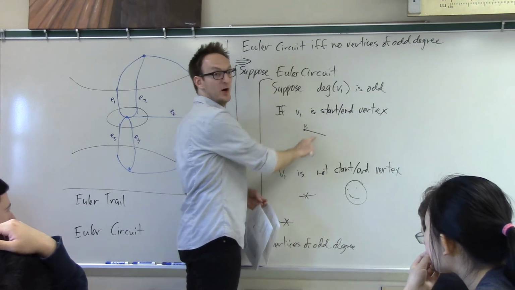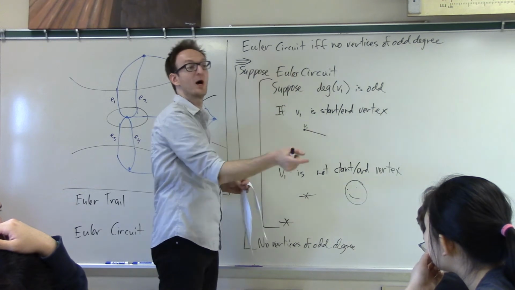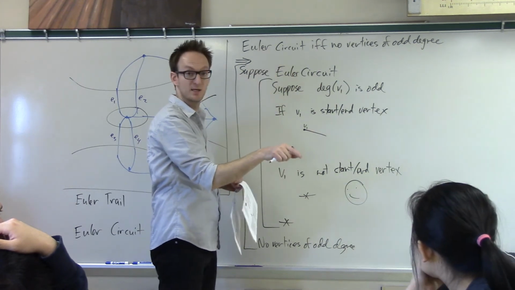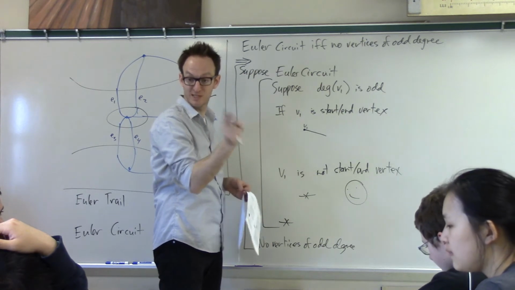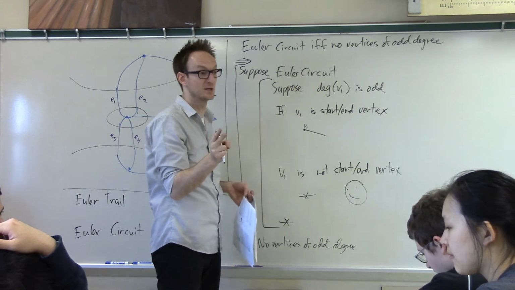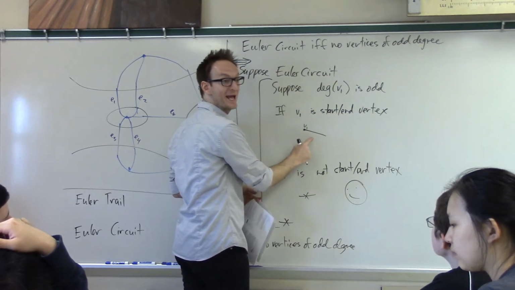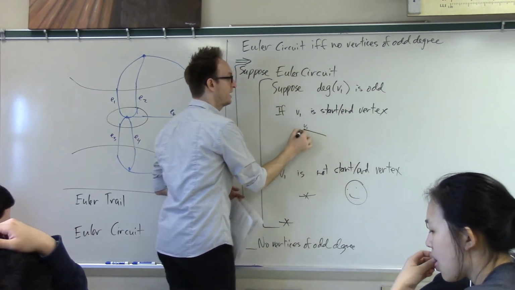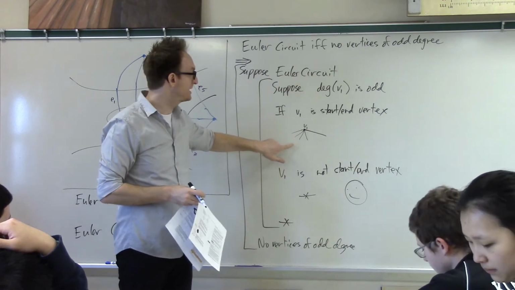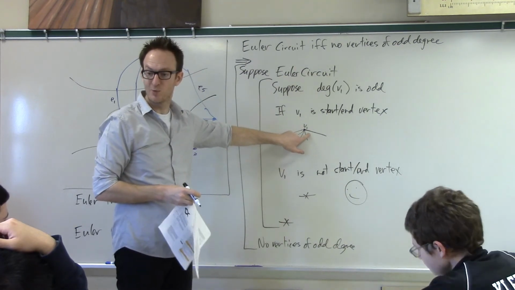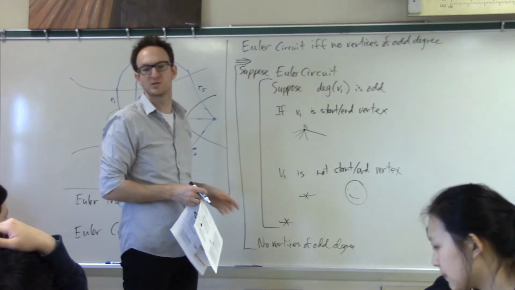Each time we pass through v1 again, we use up precisely 2 edges. So on the assumption that the degree is odd, only an even number of edges can be left coming out of v1. But we also need to end at v1, so we need to save 1 edge for when we re-enter v1, and there's just not one there.